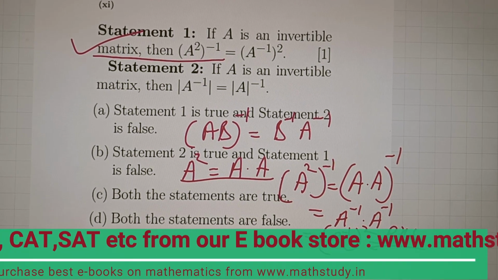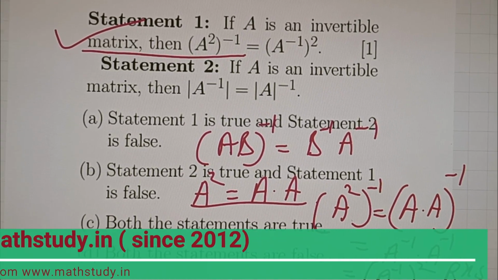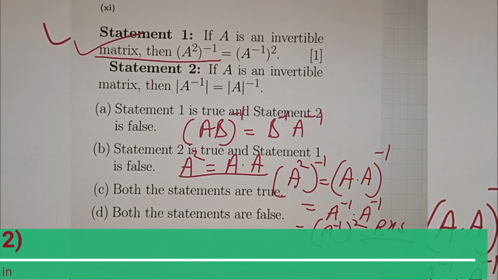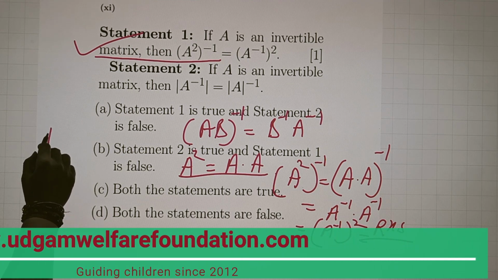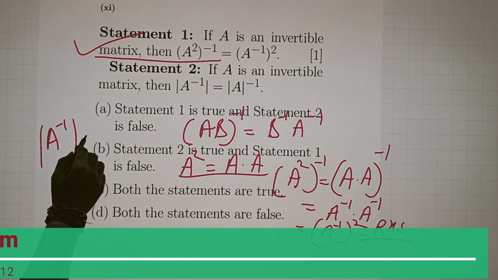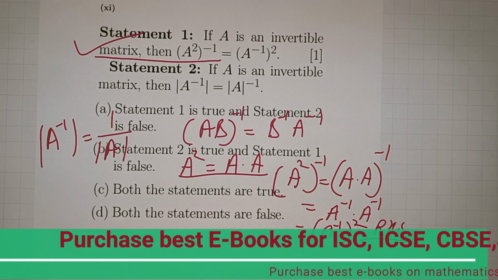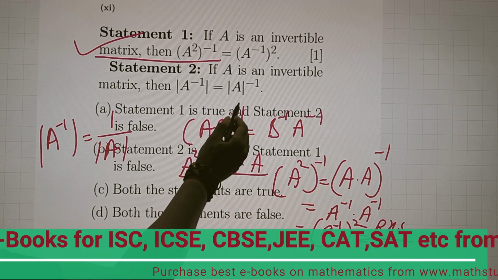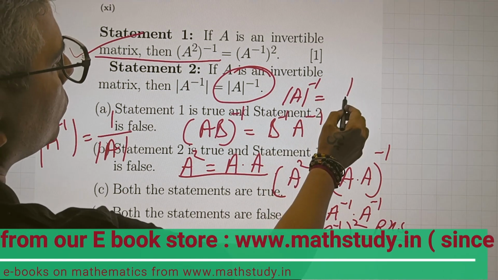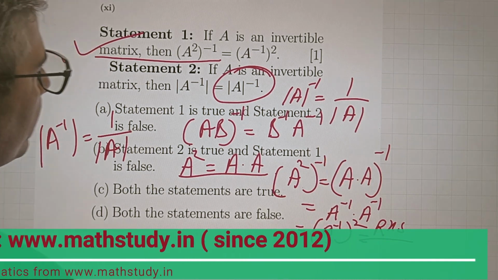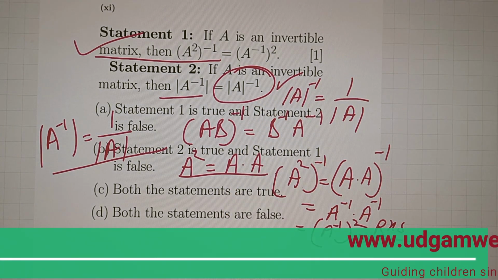Now let's understand statement number 2. If A is an invertible matrix, then determinant of A inverse is equal to inverse of determinant of A. Using the property of invertible matrix, we know that determinant of A inverse equals 1 upon determinant of A. Similarly, the RHS part, which is inverse of determinant of A, equals 1 upon determinant of A. Hence our LHS equals RHS.